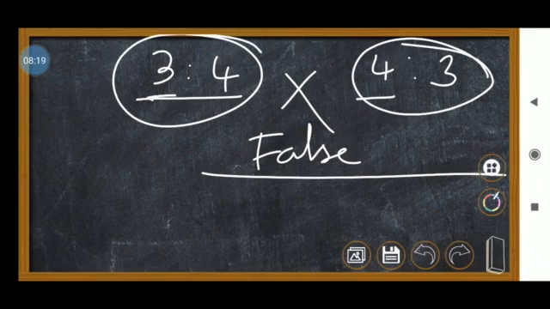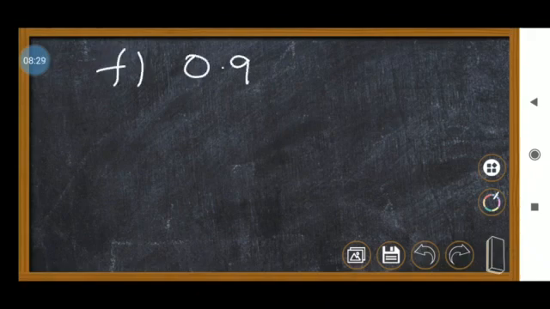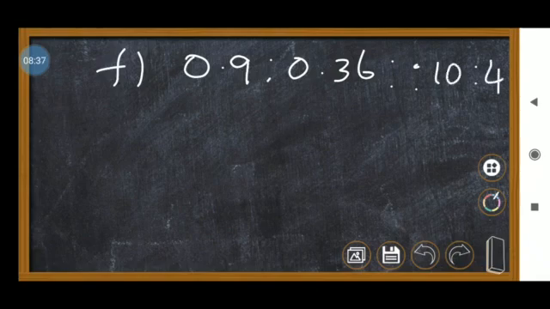Okay, so the 0.9 and 0.36, that sum I will work out. Part F: 0.9 is to 0.36, and is to 10 is to 4.